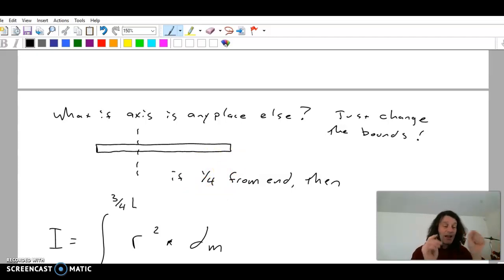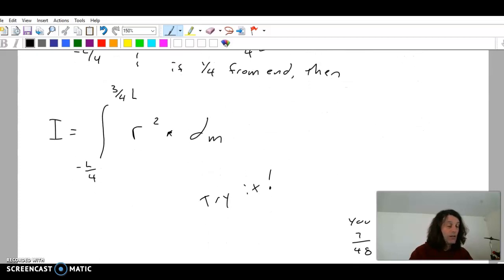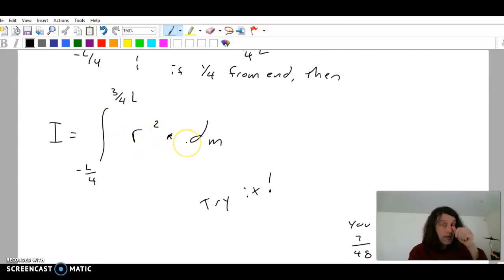But if they ask you, what is the I of a rod going from an axis 1/4 from the end, then this is negative L over 4, and this is positive 3/4 of L, or 3L over 4, however you care to word it. So what this ends up being is set up like this, r squared dm. Always start with that negative L over 4 up to 3L over 4. Those will be your bounds. Do the exact same strategy.